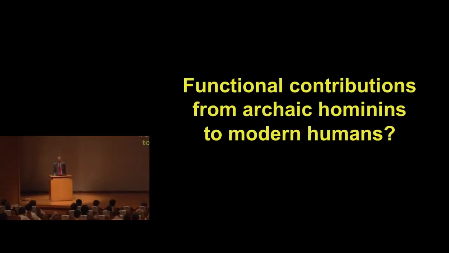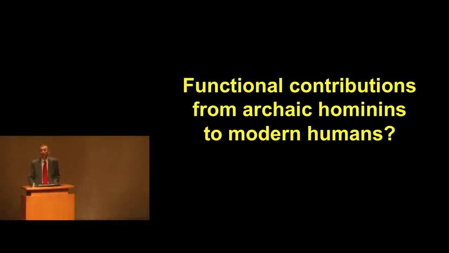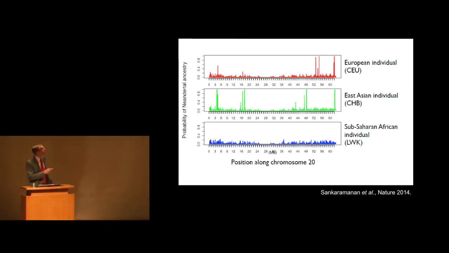Now, for the last part of my talk, I wanted to discuss: are there any functional consequences of this contribution from Neanderthals and Denisovans to present-day humans? So you can now go over the genomes of hundreds of people in Europe or in Asia, and find places where many people in Asia, say, carry contribution from Neanderthals.